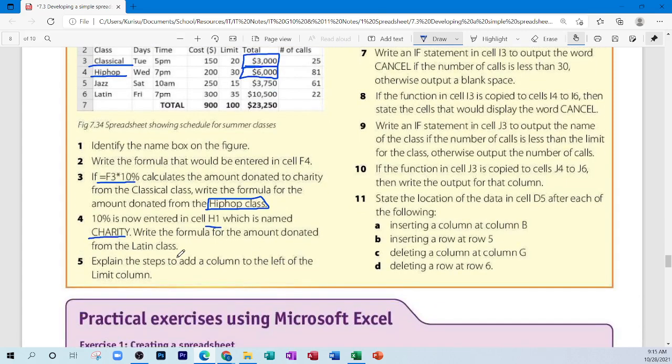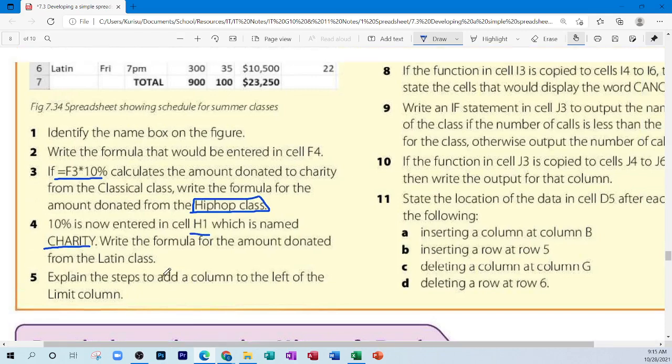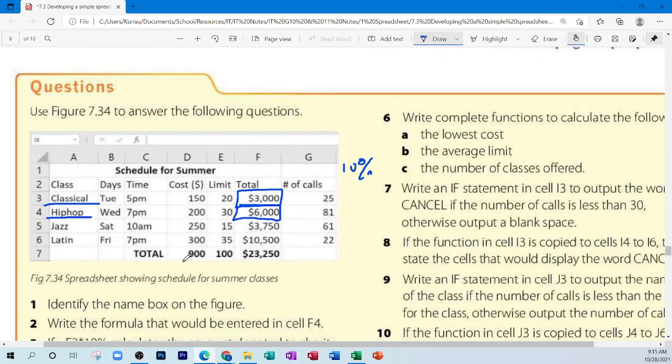Alright, so question number 5. Explain the steps to add a column to the left of the limit column. So limit is here. What are the steps to add a column there? Destiny?